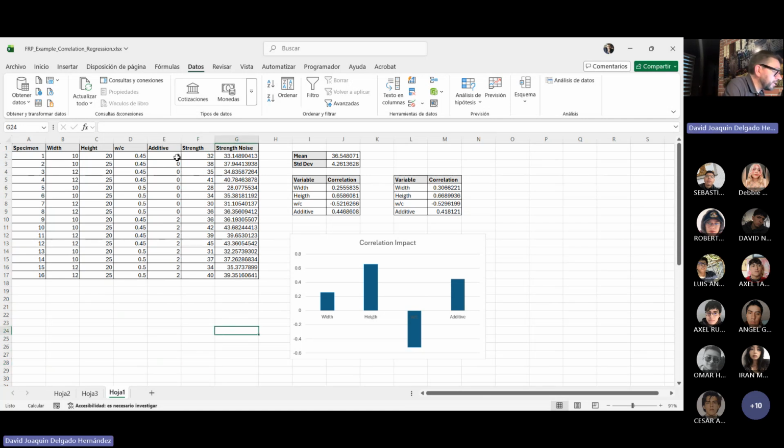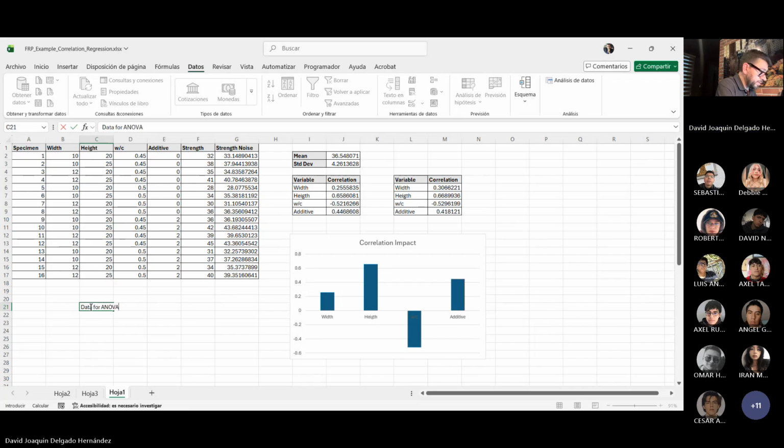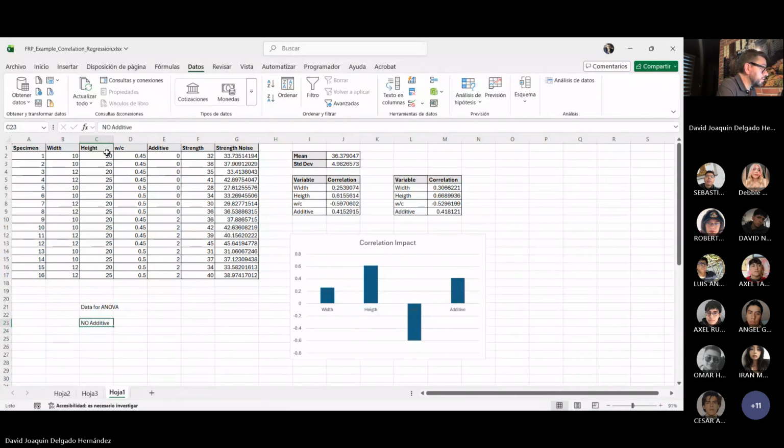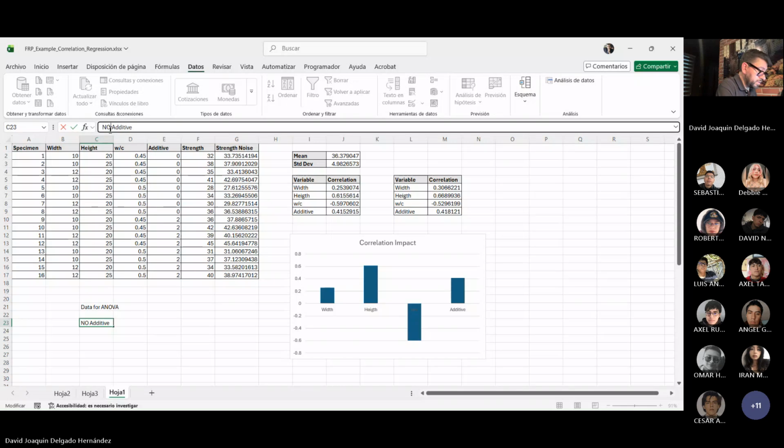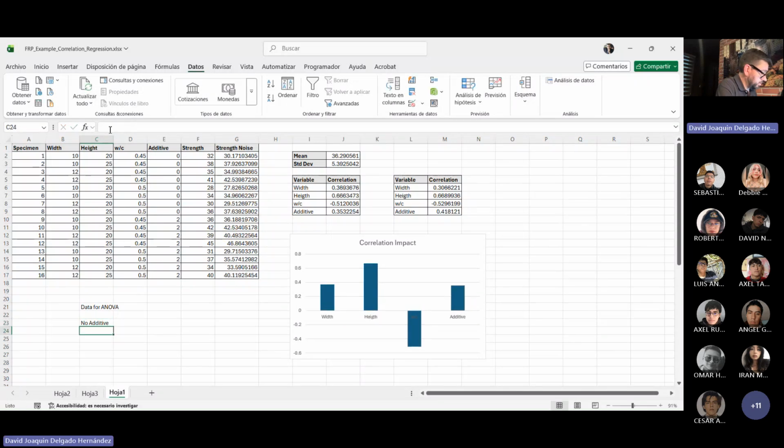So look, when you don't have any additive, these are the values, okay? So let's put here data for ANOVA. No additive. So you have here these are the values.